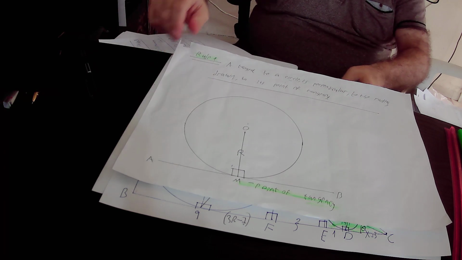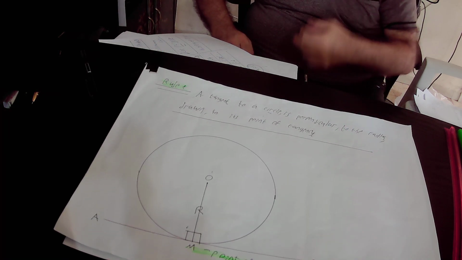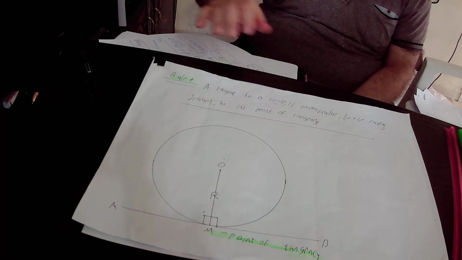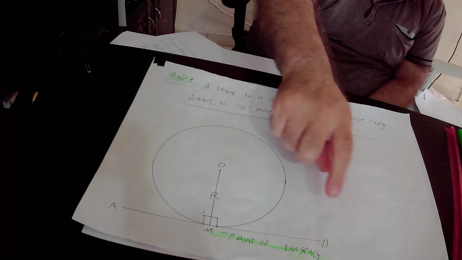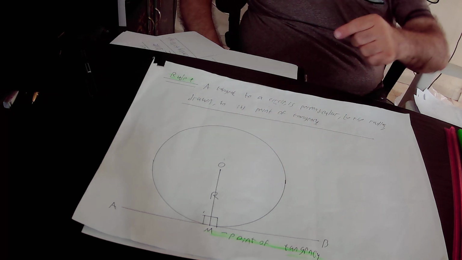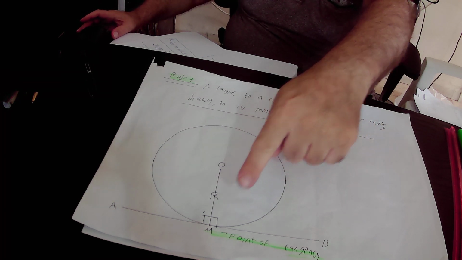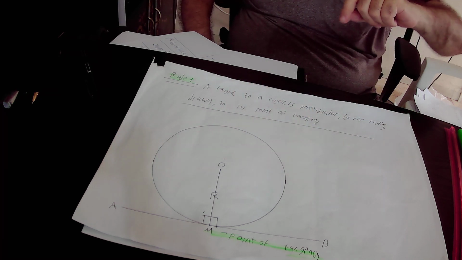We have rule number 1, that the tangent to a circle is perpendicular to the radius drawn to its point of tangency. We have here tangent AB, that is tangent to the circle, and at this point M is the point of tangency of tangent AB with this circle.